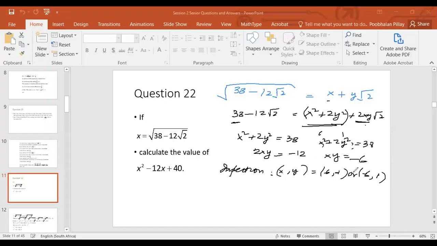Okay? The product will be negative 6. And if you square this and add 2y squared, you will get 38. So we've got two possibilities.